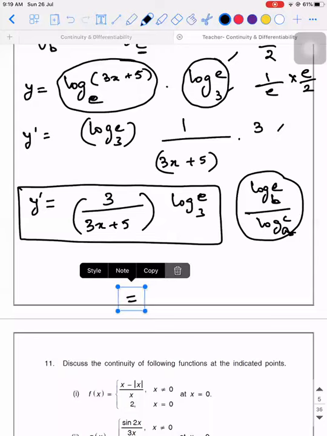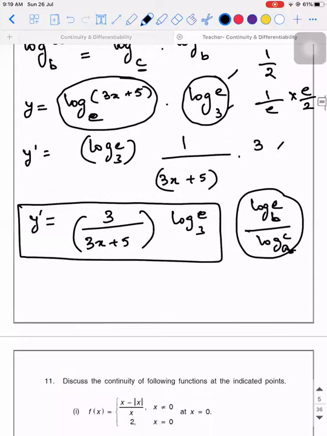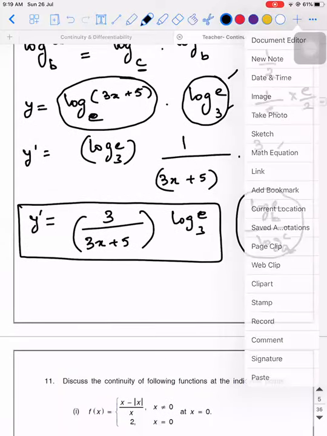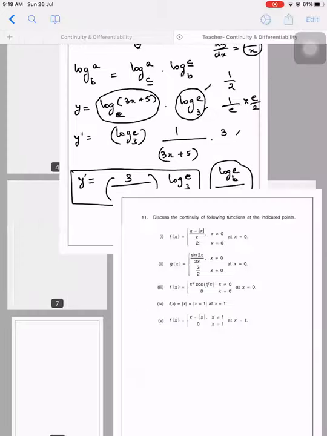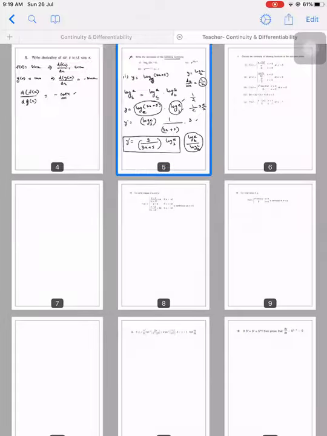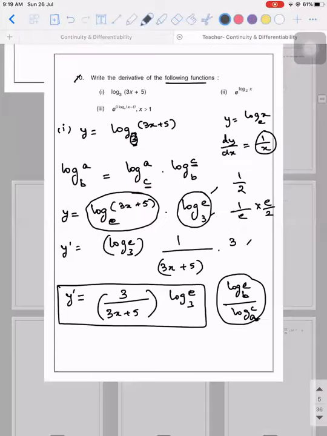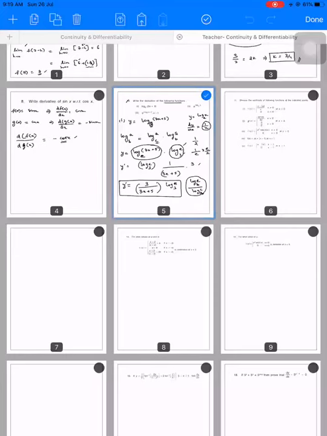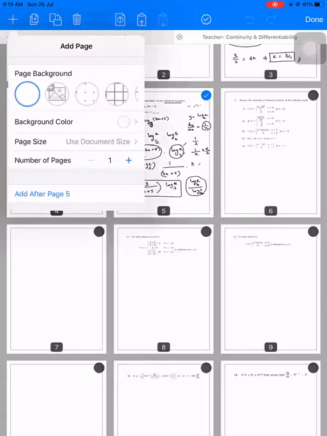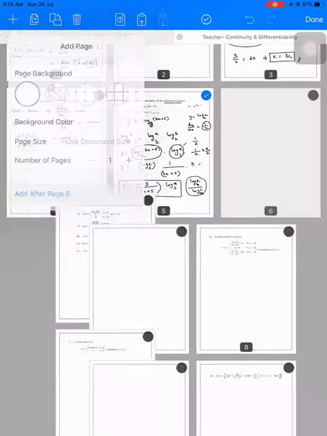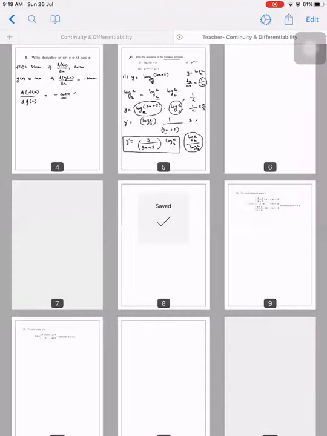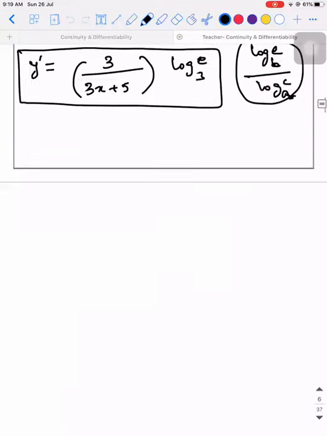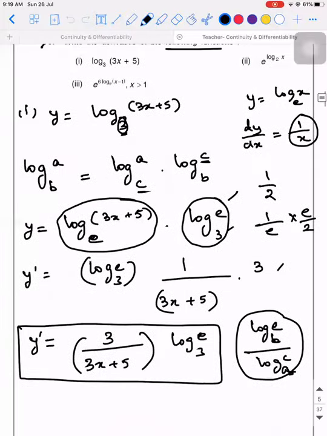Okay. The next two problems, see. Now this one. How to do the next one? How did you guys do it? e power log x base 2.